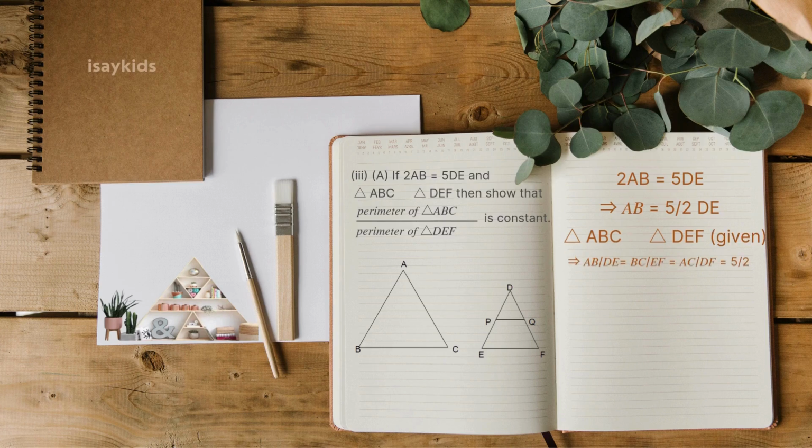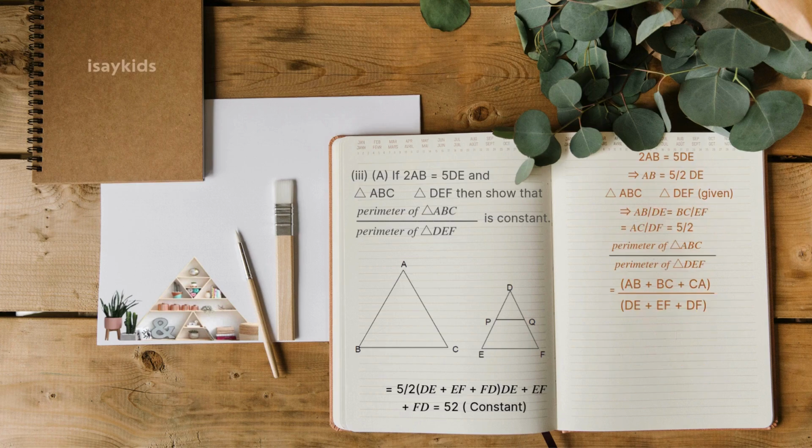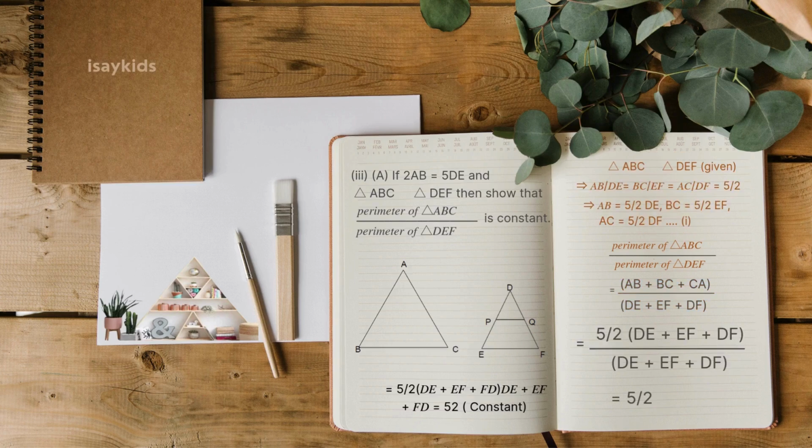So AB upon DE would be equal to BC upon EF would be equal to AC upon DF, each equal to 5 by 2, which means AB would be 5 by 2 times DE, BC would be 5 by 2 times EF, and AC would be 5 by 2 times DF. Perimeter of triangle ABC upon perimeter of triangle DEF would be AB plus BC plus CA upon DE plus EF plus DF. That means 5 by 2 times DE plus EF plus DF upon DE plus EF plus DF, which is 5 by 2, a constant.